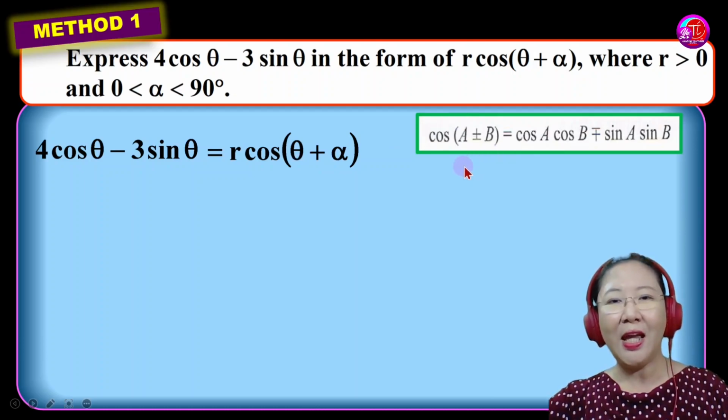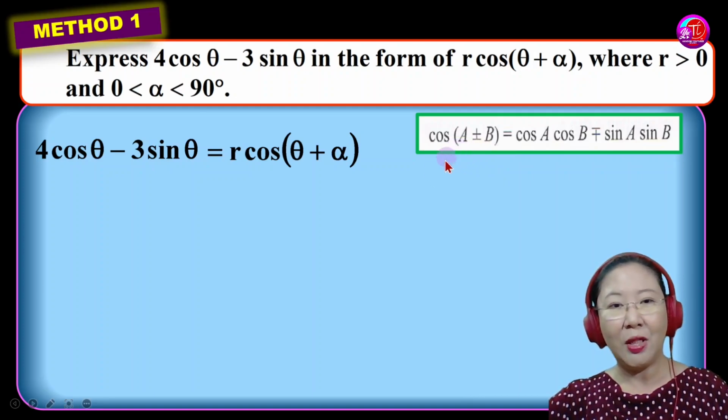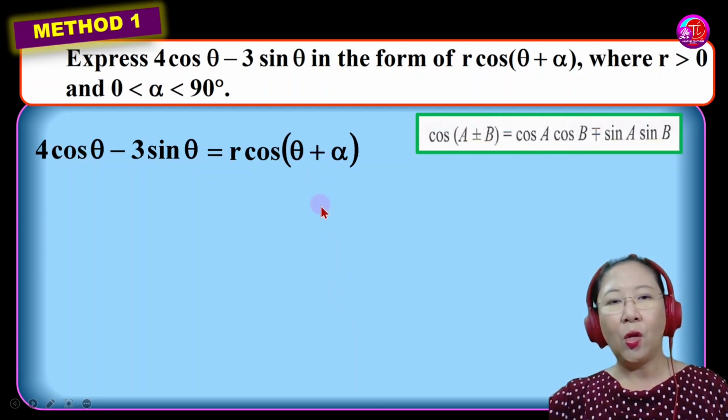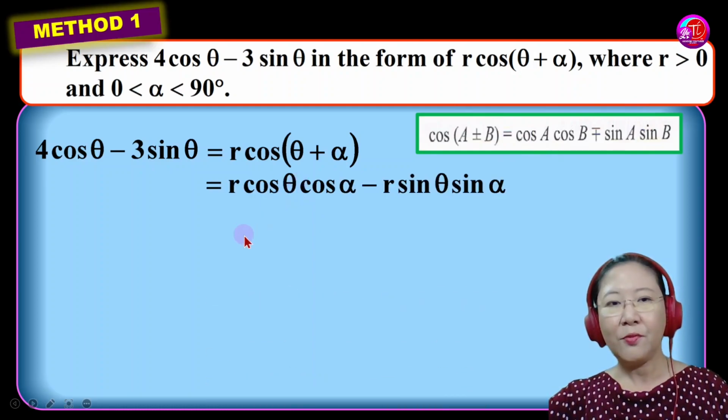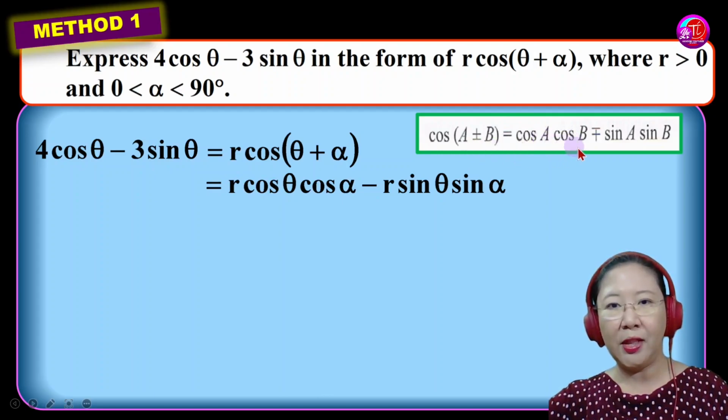So we have cos A plus B is equivalent to cos A cos B minus sin A sin B. For our case, we need the plus sign. So we will transform following this formula into this format. That will be R in front, and then cos theta cos alpha, following the cos A cos B from the formula itself.